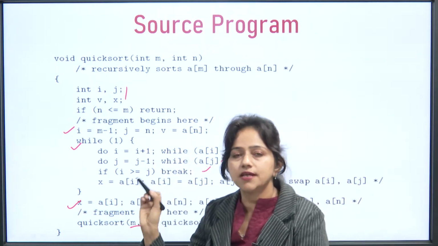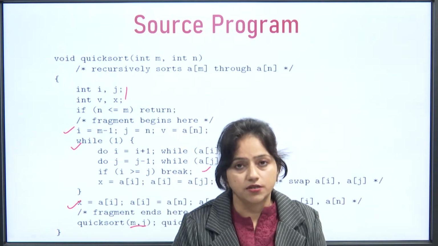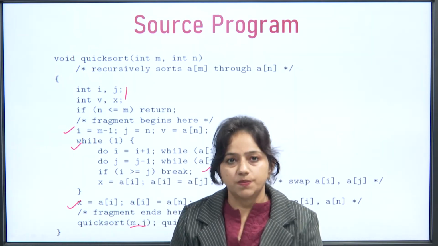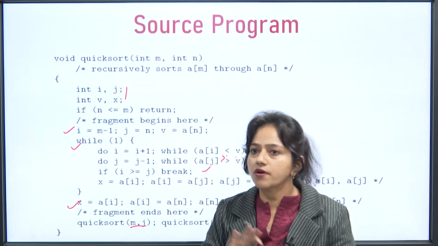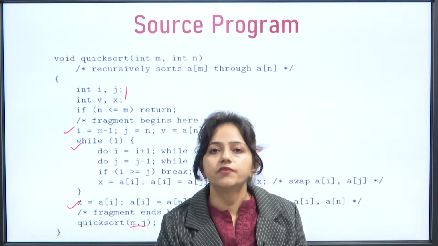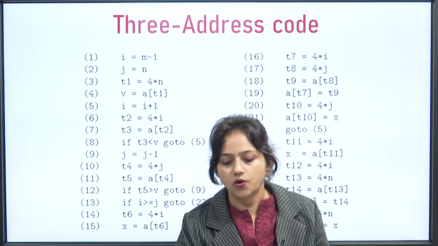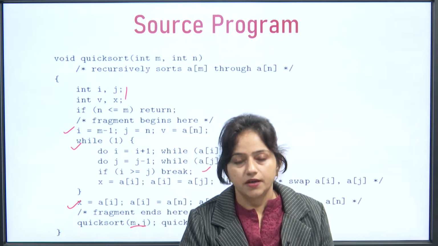So, this is the generic, or we can say recursive, procedure for quick sort. Here I am not explaining the procedure, rather we will focus on the optimization technique. For doing the optimization, first we will obtain the 3 address code. So, this is the 3 address code for the given source program.